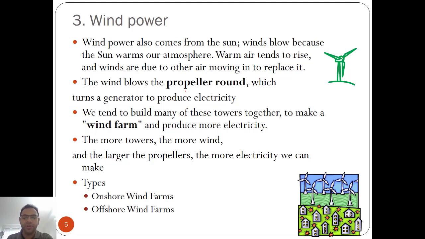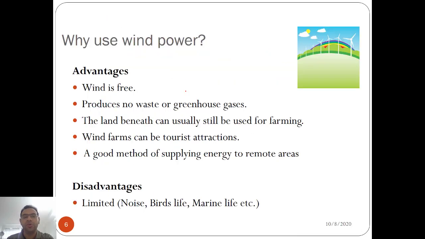And again, we discussed that wind farms can be onshore as well as offshore. Both of these wind farms have their own advantages and disadvantages. We discussed these in detail in our last lecture.